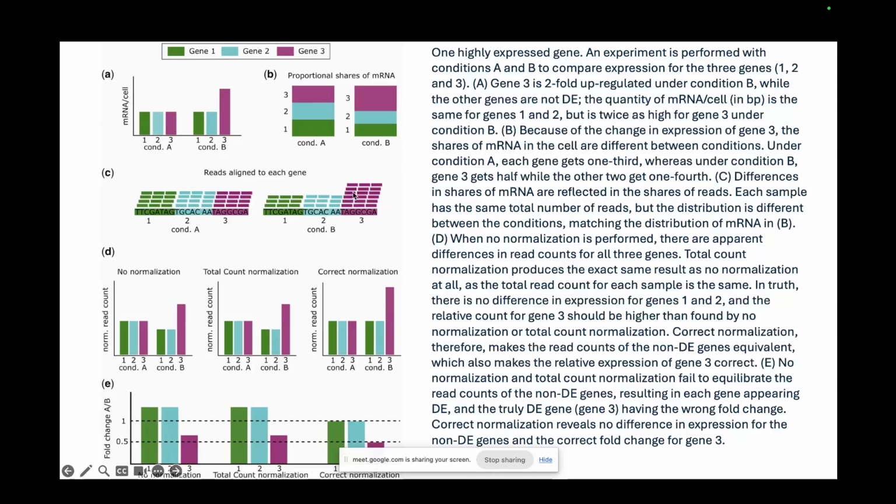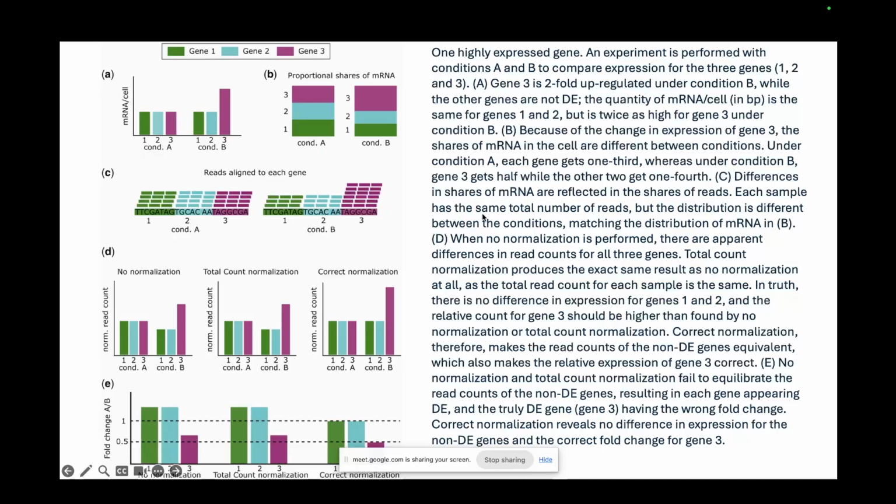That is the case because you have more reads aligning to gene 3. But if you look at the proportion of genes 1 and 2, the quantified reads aligned to genes 1 and 2 have decreased. Since the total number is constant, in terms of genes 1 and 2, it is decreased. So differences in shares of mRNA are reflected in the shares of the reads.